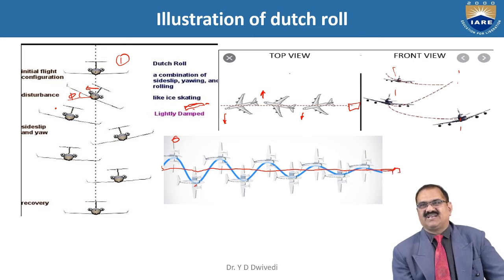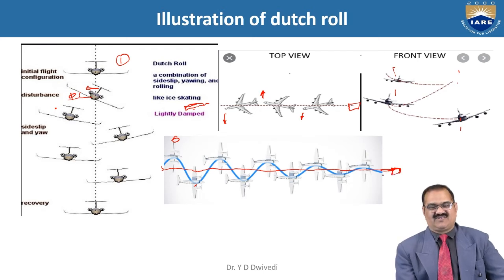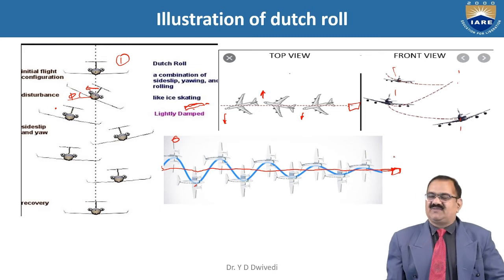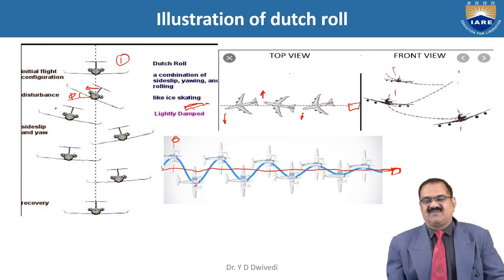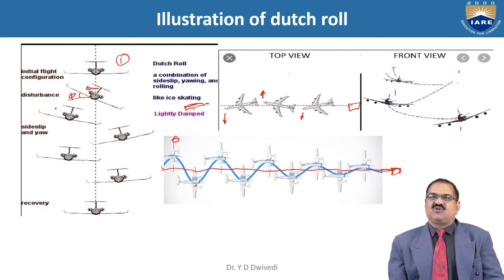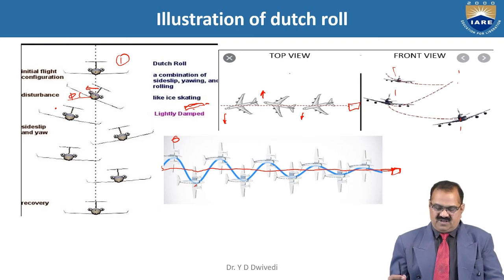So the aircraft is stable here. Mostly the Dutch roll is a stable aircraft. It will not disturb the aircraft's dynamic stability. It is stable, but it needs some time and it gives some disturbances, so that the aircraft will not create problems.